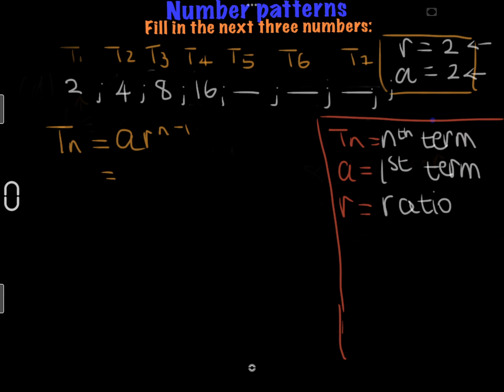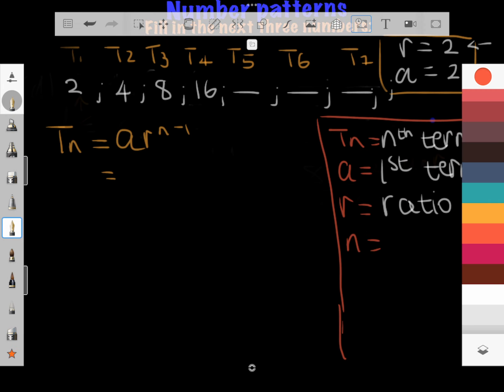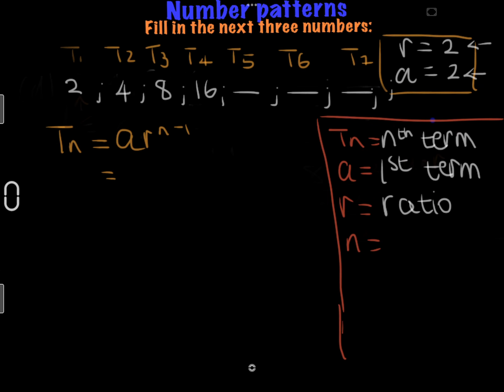Let's identify what n means. n means the position. This is the position of the term. This is very important for our analysis. So I'll leave it there for so long.